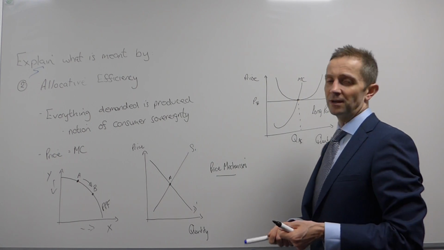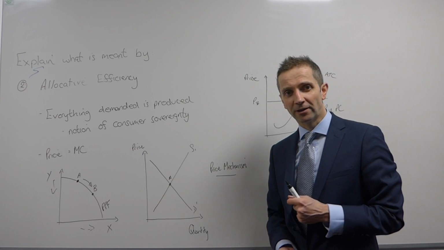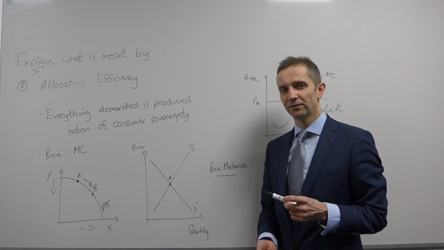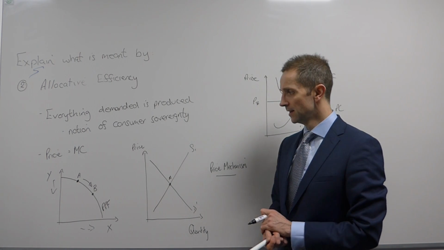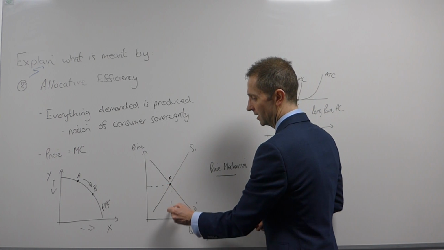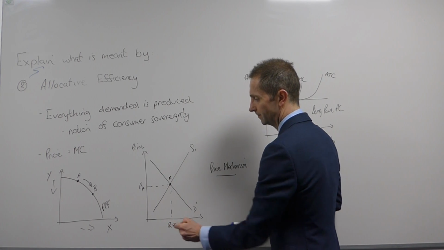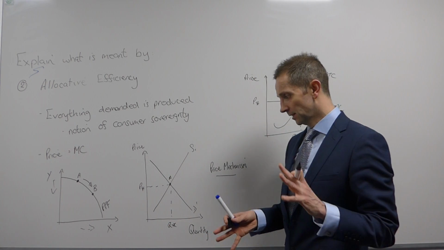Now, I think this is sometimes best explained by way of our price mechanism diagram, which I'm sure you're familiar with. If you're not, I'll put a little card up to take you to a video on that. But here we have the initial starting point, P star and Q star, and I'll just very quickly run through this.